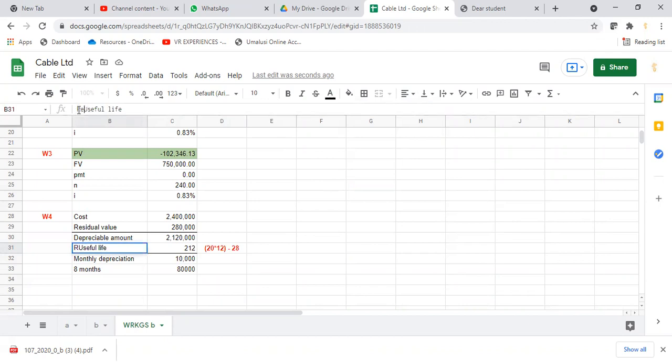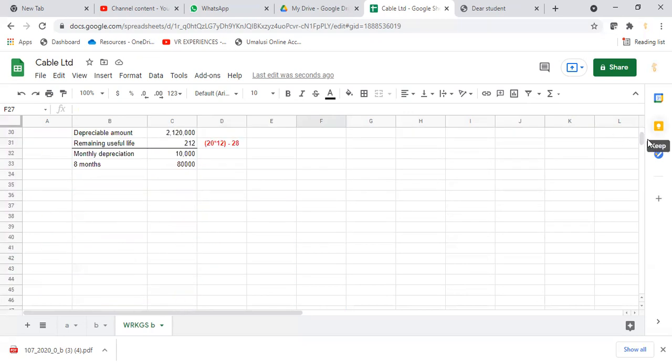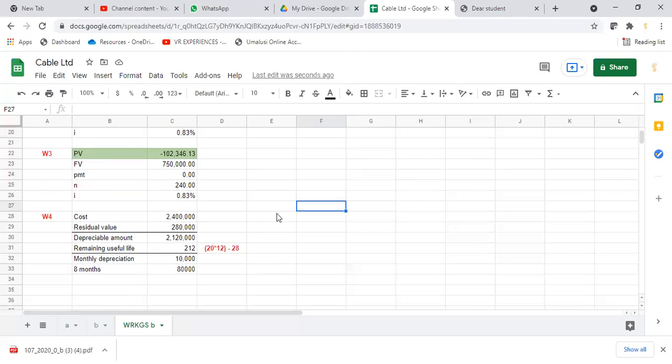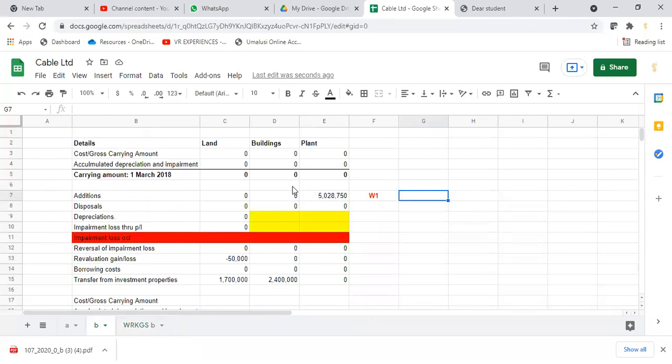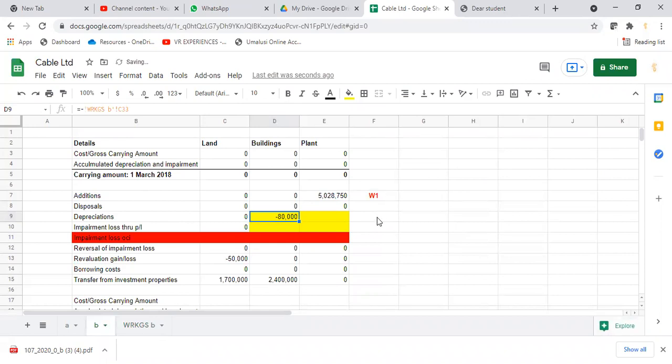That's very important to remember. So this over here is 80,000 Rand. Depreciation under buildings is 80,000 Rand. Depreciation decreases PPE, so it is negative. Okay, so that is that over there.